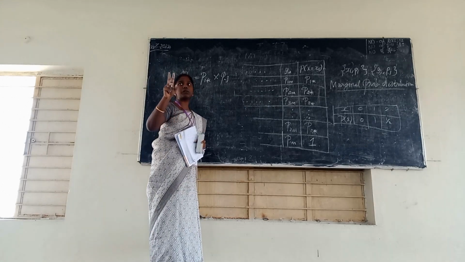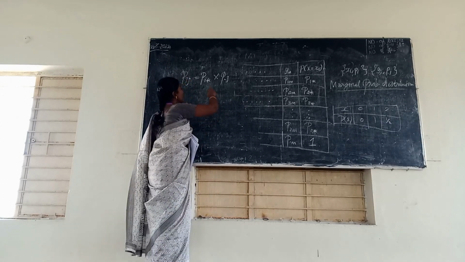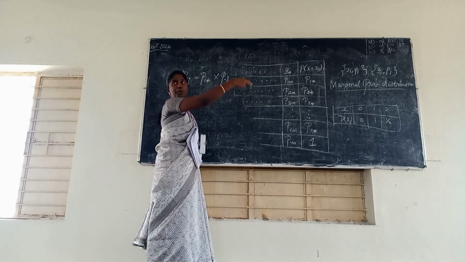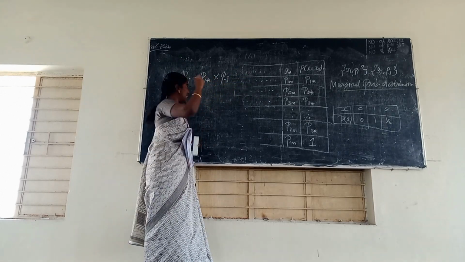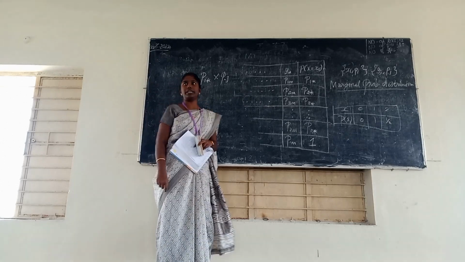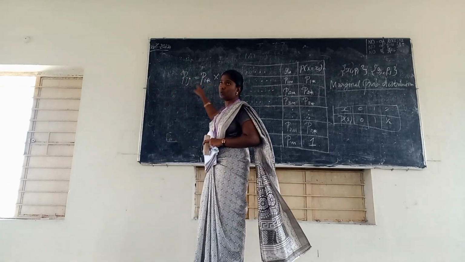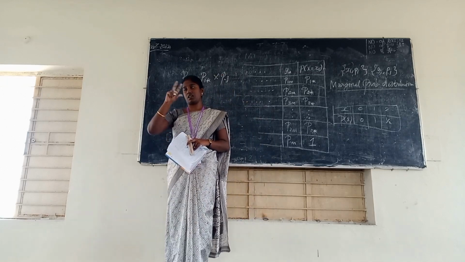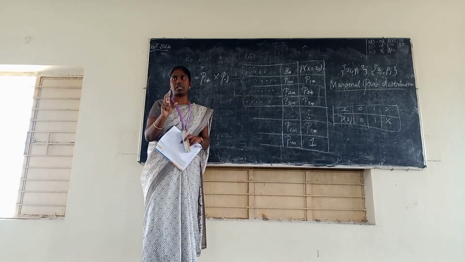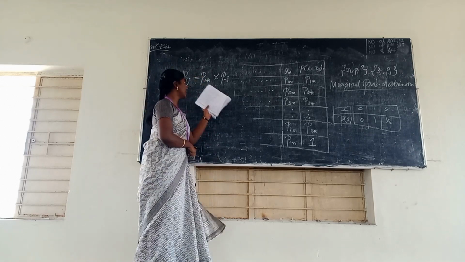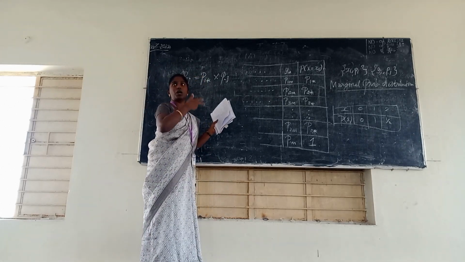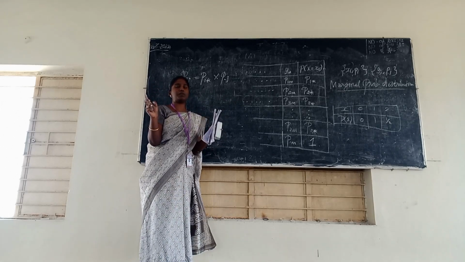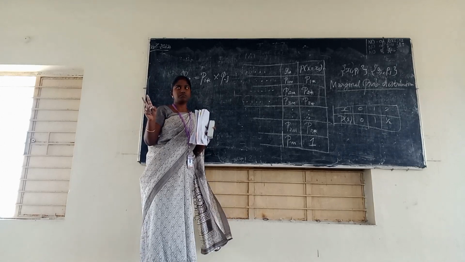Two random variables can be independent only if the product of their separate marginal probabilities equals their joint probability, for every value of the random variables. Then only we can say the random variables are independent. Otherwise, if at least some p12 is not equal to p1 into p2, then the variables are not independent. Okay?